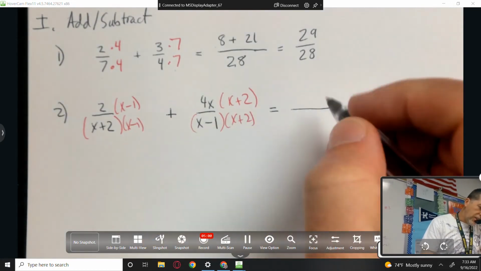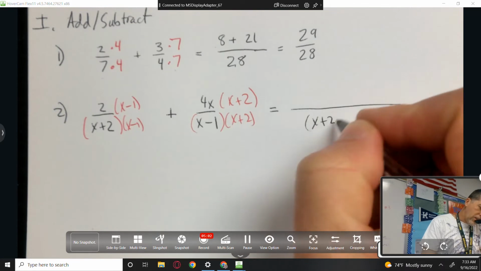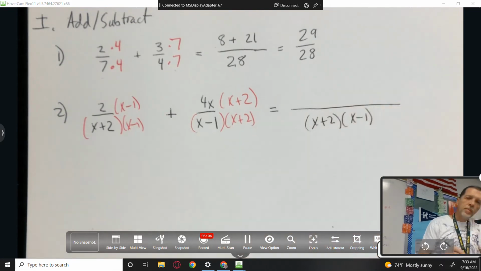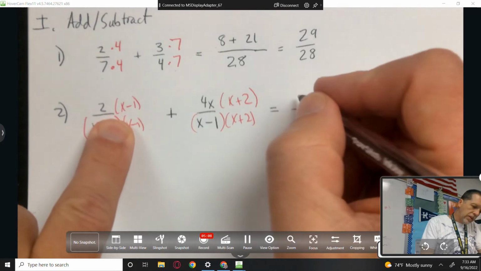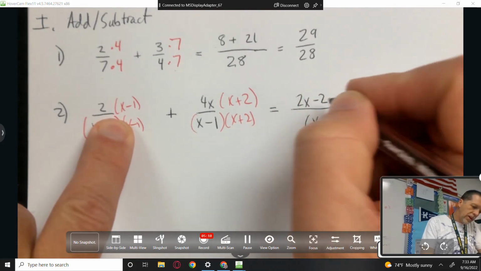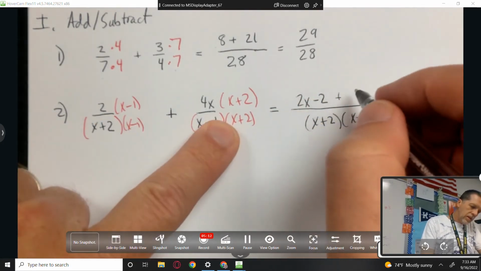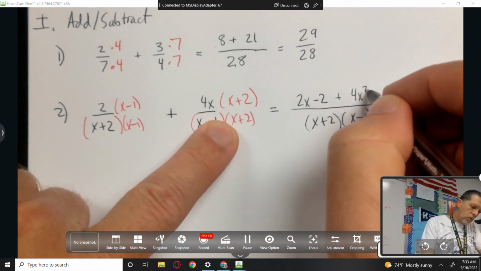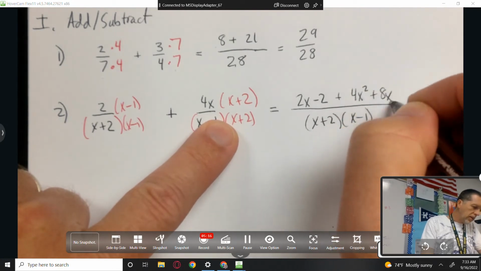All right, so our denominator is good now, meaning it's the same for both of them. And then we've got a little bit of work in the top here. 2x minus 2 plus 4x squared plus 8x.